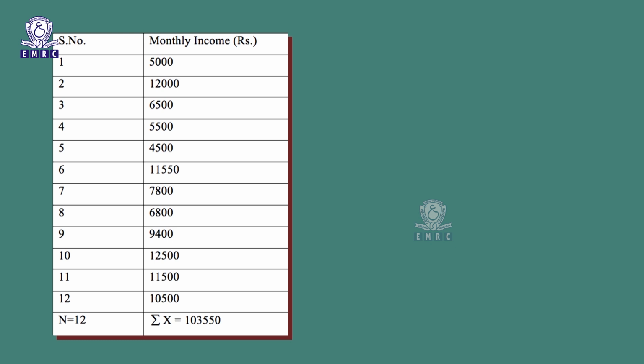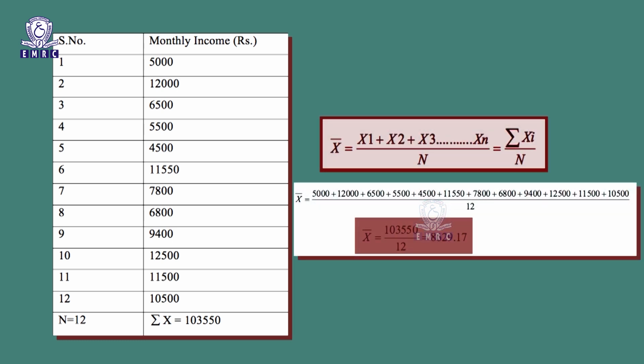Now, the next step is to calculate the sigma of x value. X bar is equal to, again the formula is x1 plus x2 plus x3 up to xn divided by n.